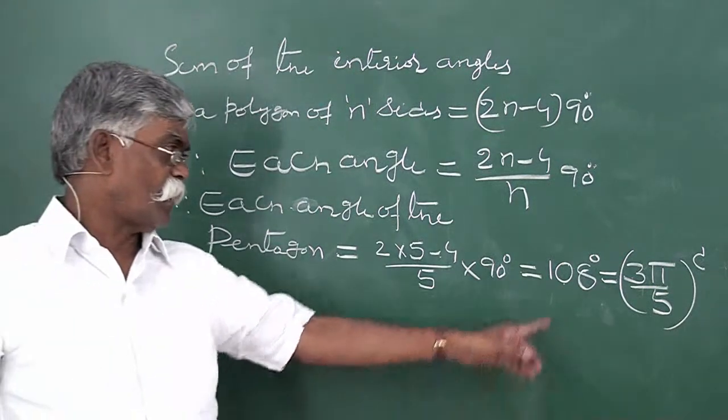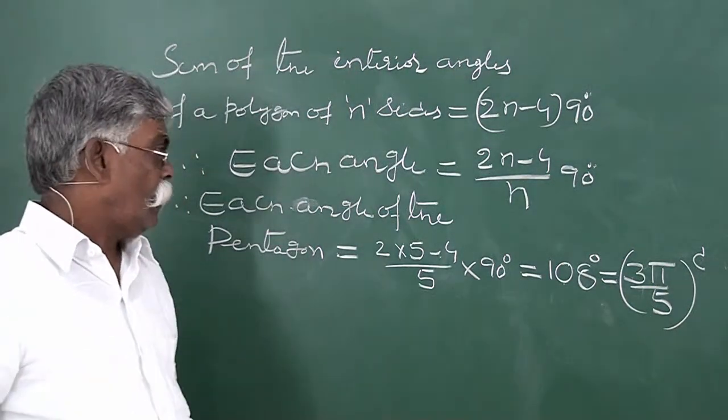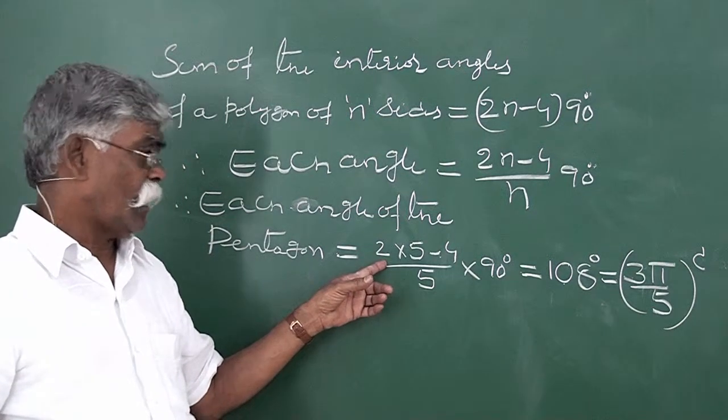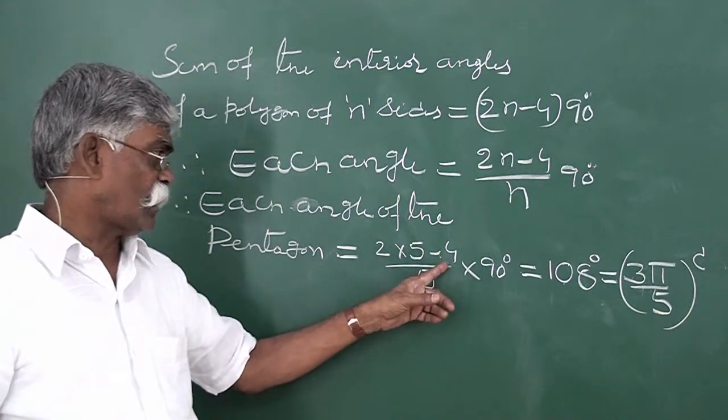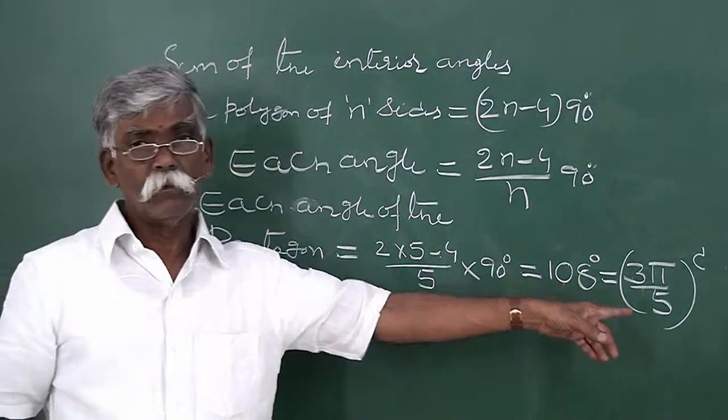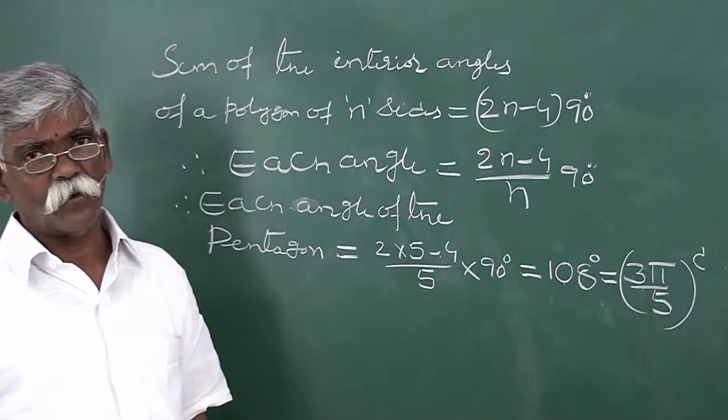In degrees, this is 108 degrees. In radians, this is equal to 10 minus 4 is 6 by 5 into pi by 2, equal to 3 pi by 5 radians.